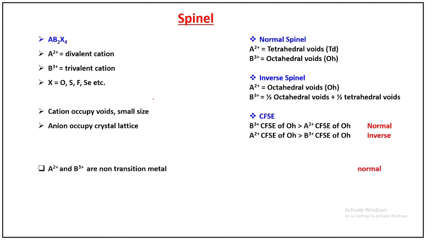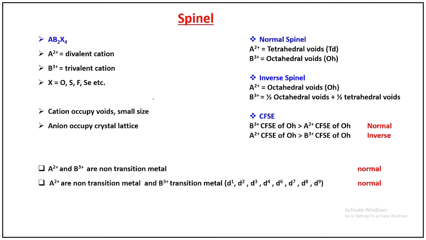There are 4 generalized points obtained after solving various spinel structures. If A2+ and B3+ are non-transition metals, then it will be a normal spinel. If A2+ is a non-transition metal and B3+ a transition metal having an electronic configuration except d0, d5, d10, in that case spinel will be a normal spinel.